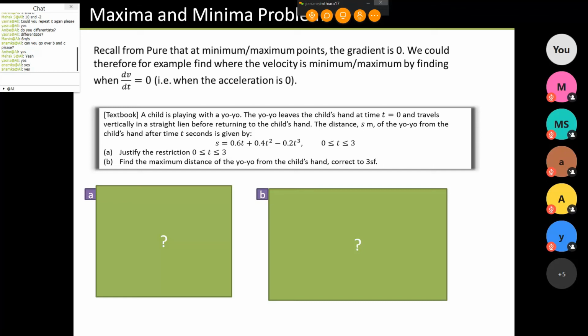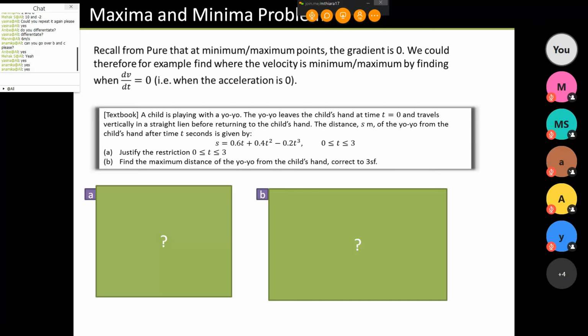That's how a yo-yo generally works, unless you're really poor at playing with one. The distance s meters of the yo-yo from the child's hand after time t seconds is given by that, and t lies between 0 and 3.